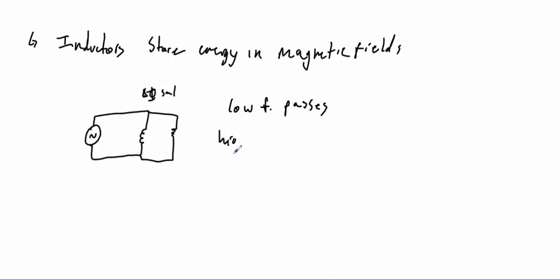But if we have high frequency, our change in flux is going to be big, which is going to induce a big EMF in the inductor. That prevents current from flowing through it, and it'll all go the other way. So high frequency is blocked. This is a low-pass filter, a high-frequency blocker.